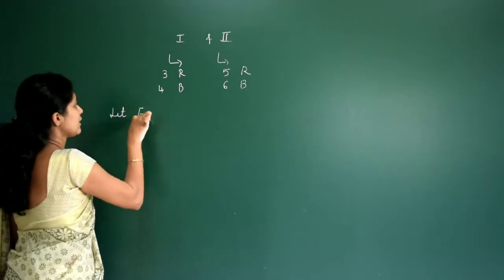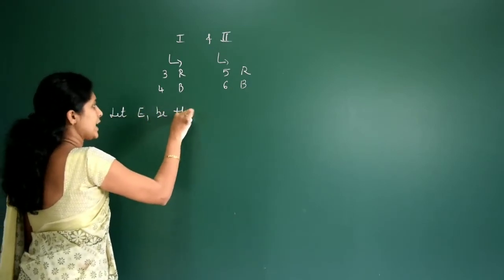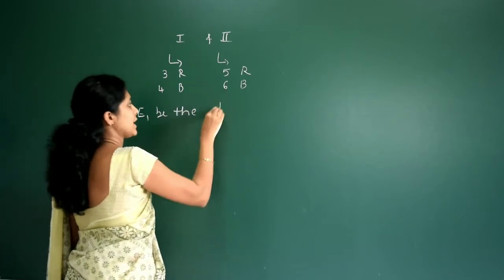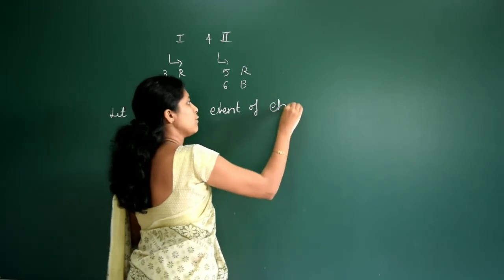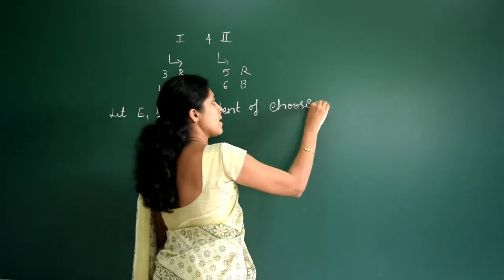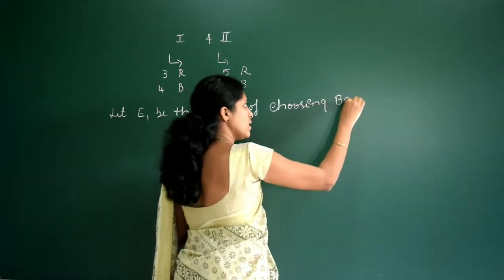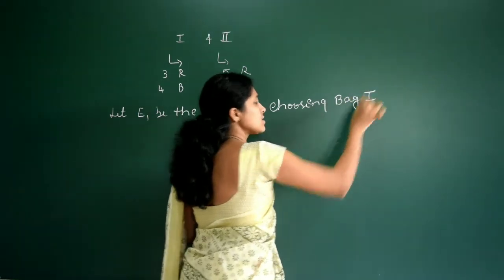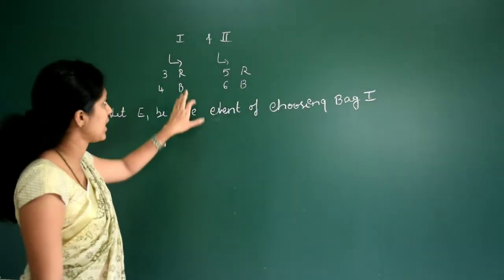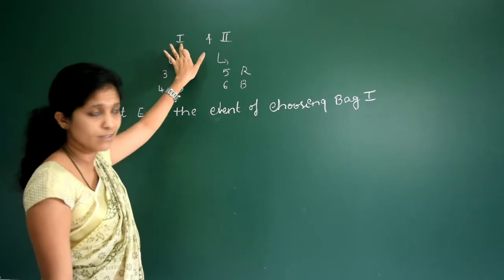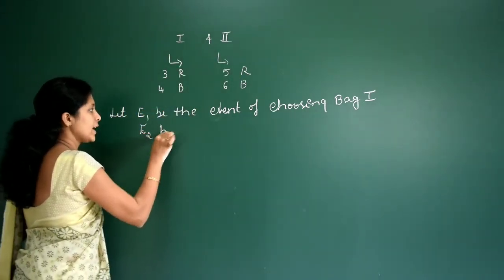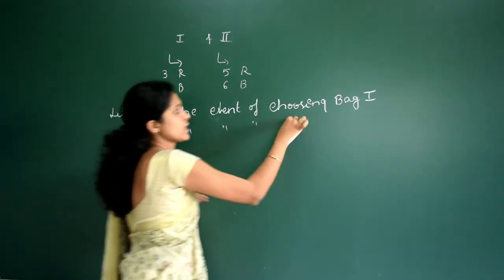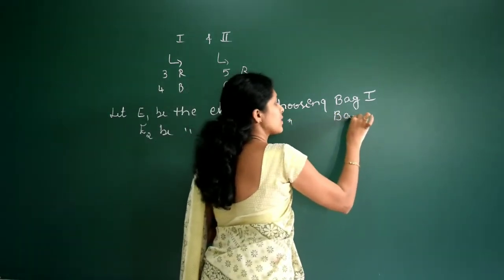Let E1 be the event of choosing bag 1, and E2 be the event of choosing bag 2. So clear?